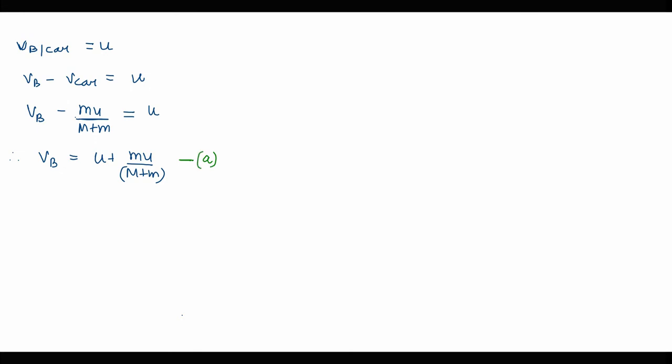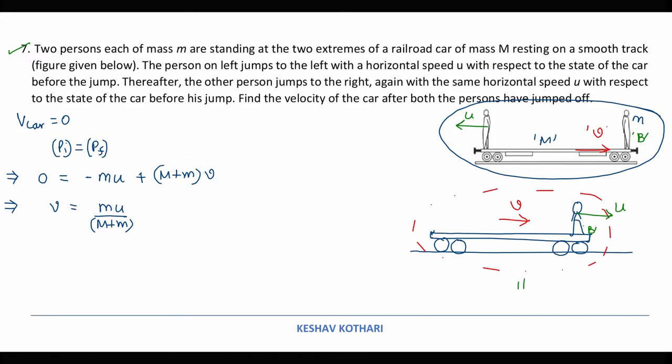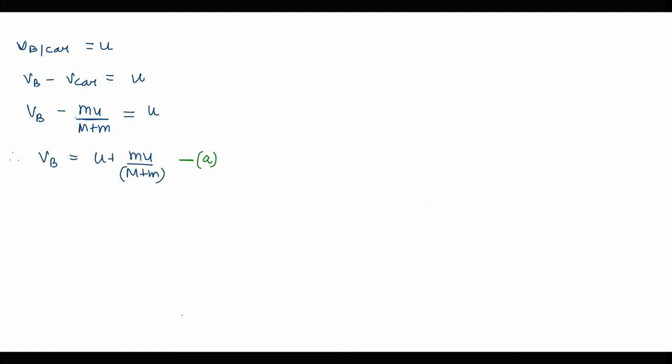Now if I consider this second system, post the boy jump, the recoil velocity of the system will become equal to v dash, and the mass of the system will be equal to M. So the momentum conservation statement for this particular problem is mu equals M, this entire system, into u plus mu upon M plus m, into Mv dash.